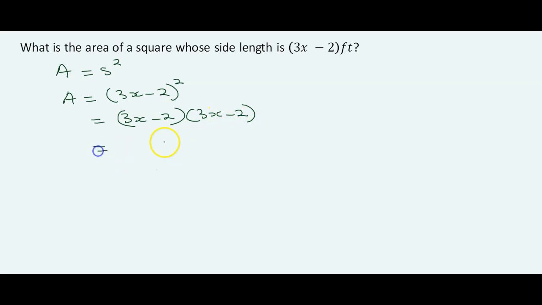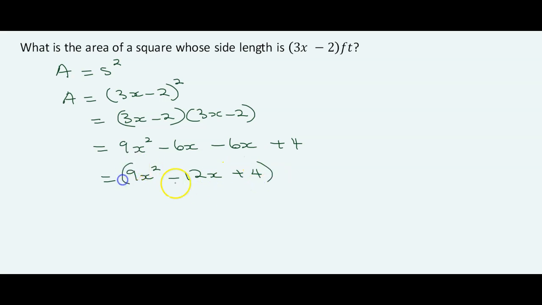Let's go ahead and use FOIL here. We're going to have 9x squared minus 6x minus 6x plus 4. So this is going to give us 9x squared minus 12x plus 4. And then this is going to be in square feet.